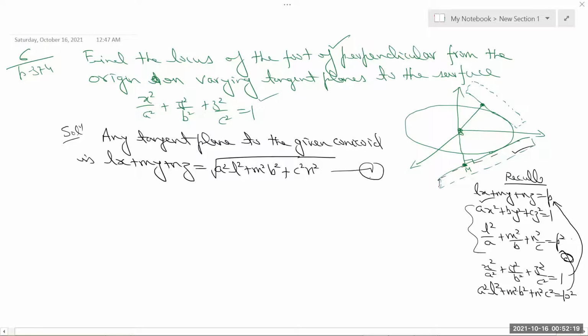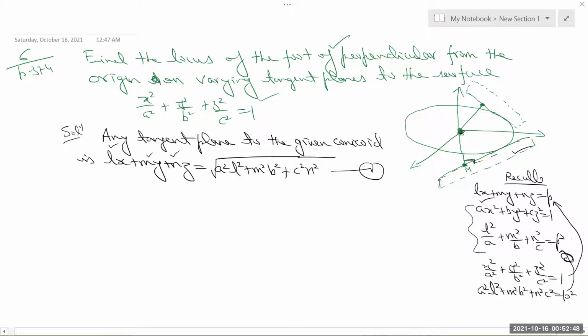Now, how to write the equation of the perpendicular to this plane passing through the origin? For that, I need to write the equation of a line perpendicular to this plane. If you recall the equation of a plane, the coefficients L, m, n are direction ratios of a line perpendicular to the plane.